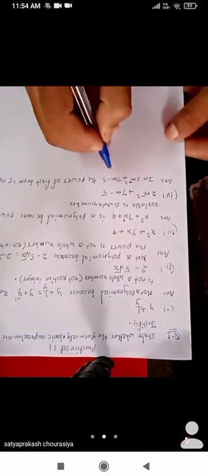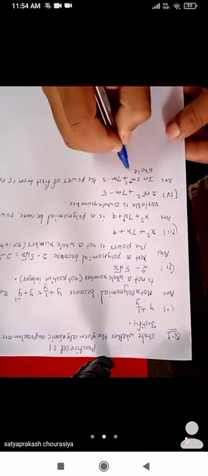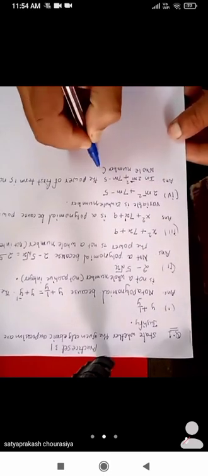In 2m to the power minus 2 plus 7m minus 5, the power of the first term is not a whole number, meaning it is negative here.